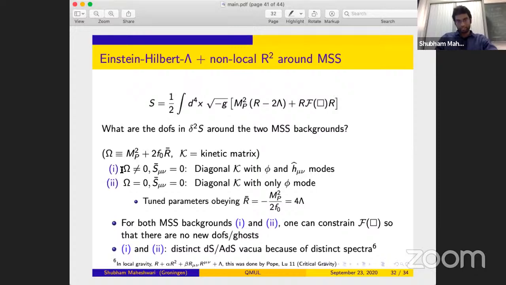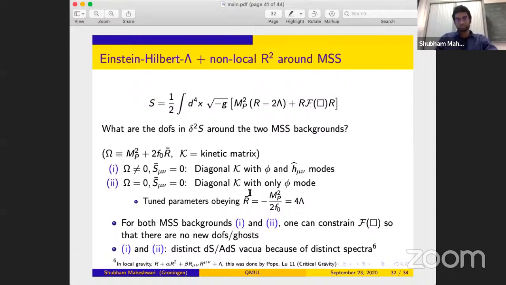In one case where this factor omega is non-zero, you will have a kinetic matrix which is diagonal, but it will have both a scalar mode phi and a tensor mode h hat. But in the case where omega is 0, you have a diagonal kinetic matrix, but it does not have any tensor mode at all. So in a sense, it's a special kind of dS-AdS vacuum where you have only a scalar mode.